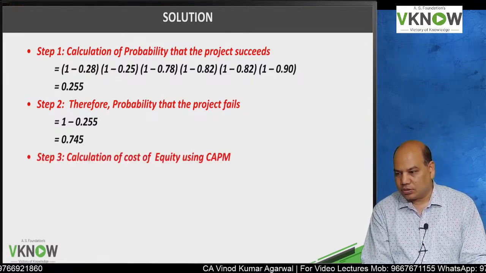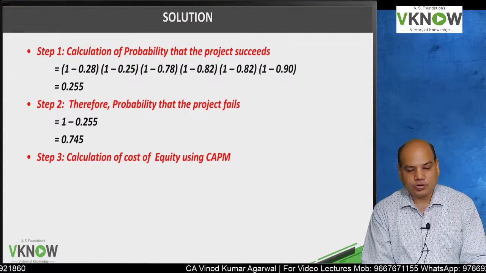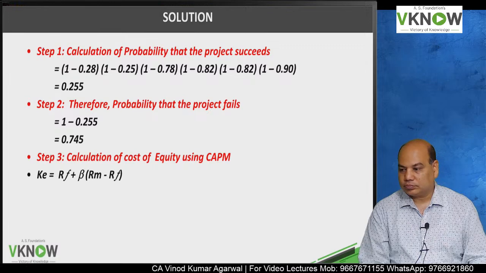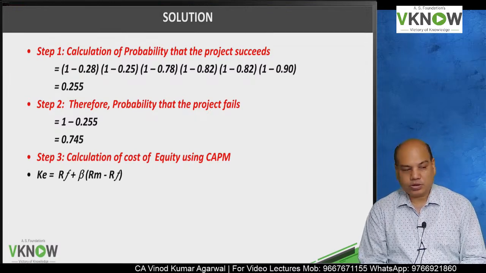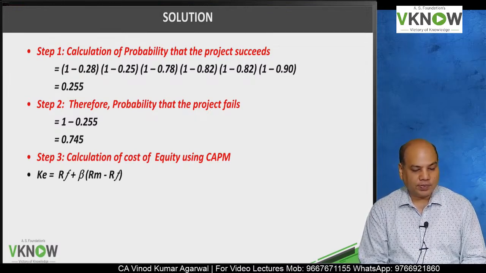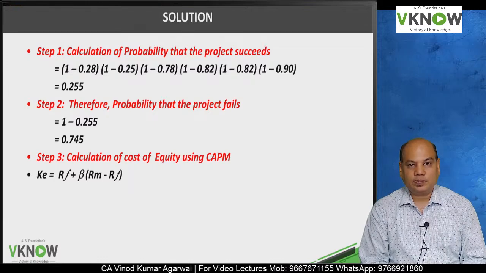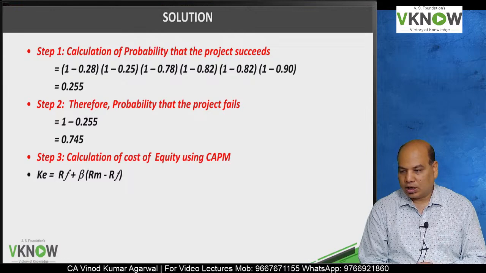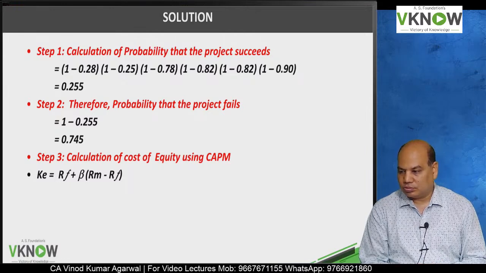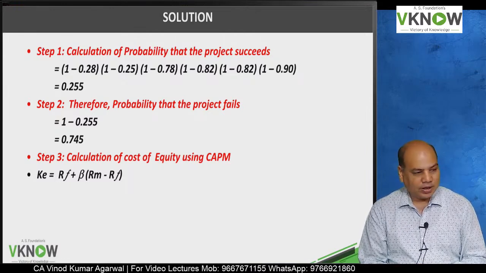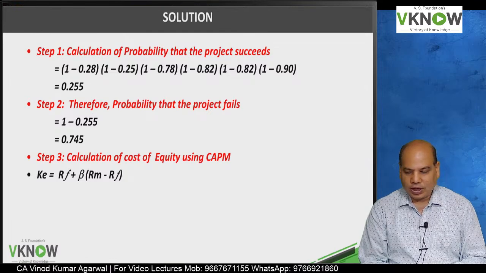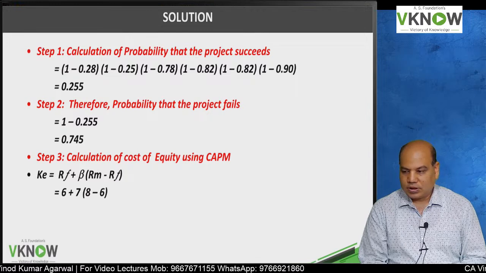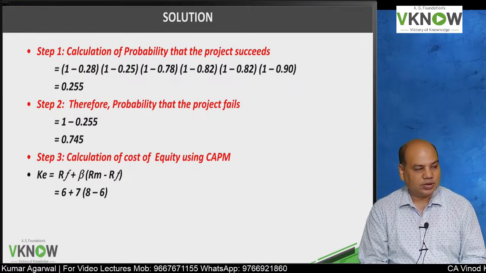Next working note is the calculation of cost of equity using CAPM. Cost of equity equals RF plus beta into (RM minus RF). That is 6 plus 7 into (8 minus 6).